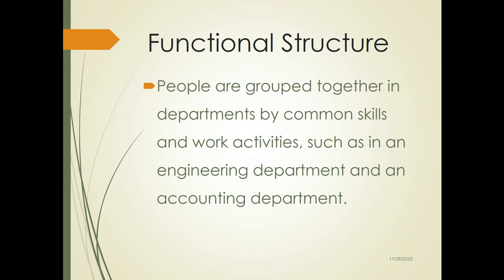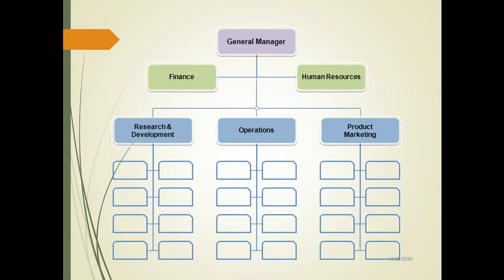So functional structure. People are basically grouped together in departments by common skills and work activities, such as an engineering department and an accounting department. Here, as you can see, is an example of departmentalization.